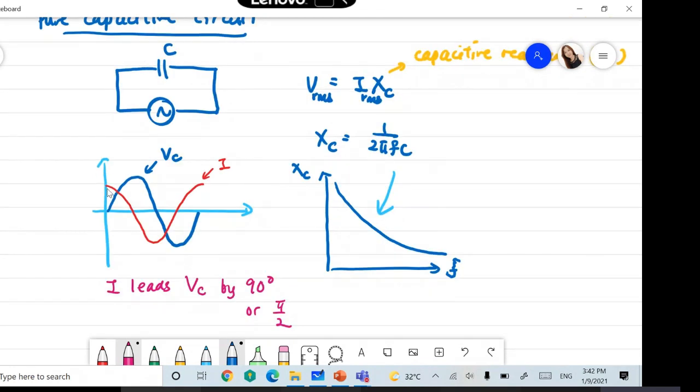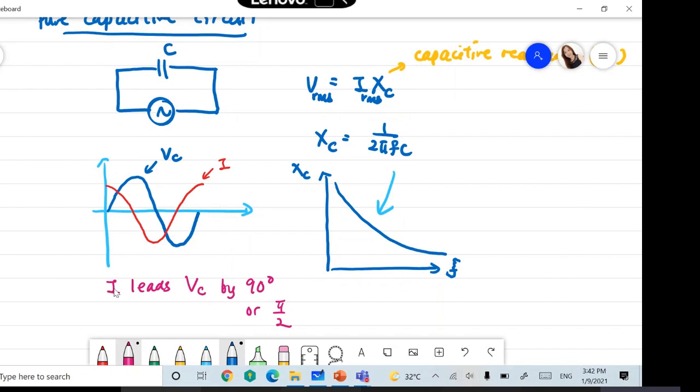So in this graph, the current reaches the maximum at T1 here, and the voltage reaches the maximum 90 degrees phase later. That means the current will reach the maximum 90 degrees earlier if you compare with the voltage. So that's why I is leading the VC by 90 degrees.